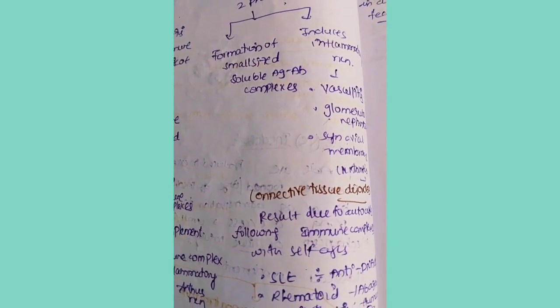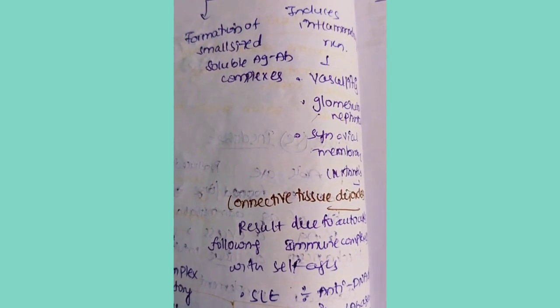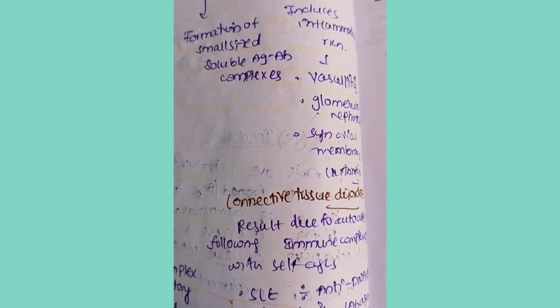In systemic type 3 reactions, there are two phases. One is formation of small soluble antigen antibody complexes. The other is an inflammatory reaction. The inflammatory reactions are vasculitis, glomerulonephritis, and synovial membrane arthritis. Connective tissue disorders result from autoantibodies forming immune complexes with self antigens.